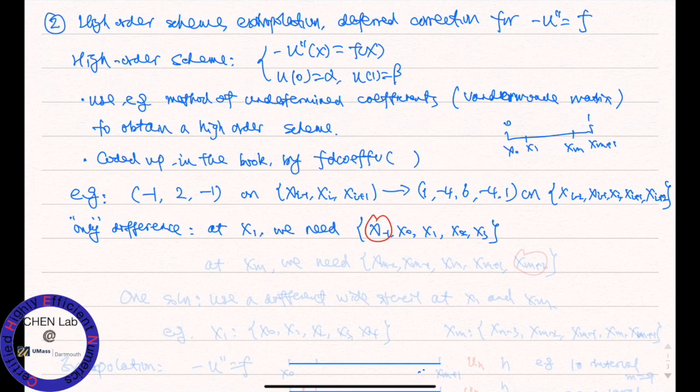Similarly, at xm, we need 2 points on the right: xm minus 2, xm minus 1, xm, xm plus 1, xm plus 2. So again, one more point outside of the domain. What do we do?